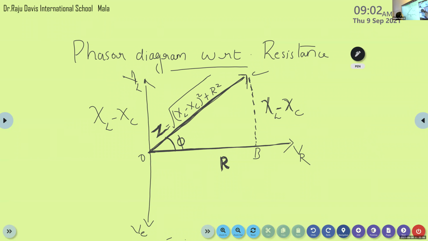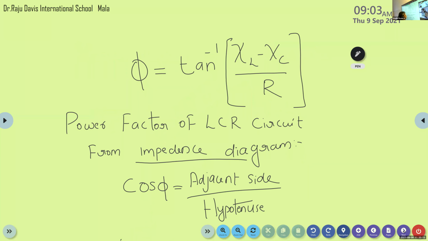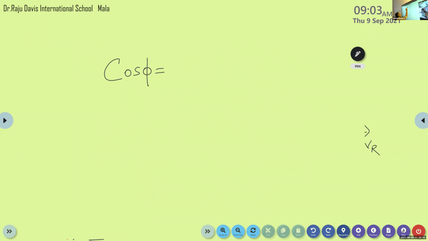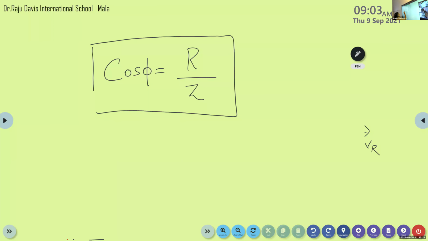What is the adjacent side in this figure? R. And what is our hypotenuse? Z. So the power factor cos phi is R divided by Z.